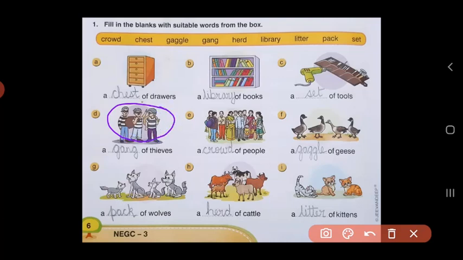Whenever thieves work together in a group, we call them a gang of thieves. Next is simple. Whenever there are too many people together, what do we say? Crowd. So, a crowd of people.